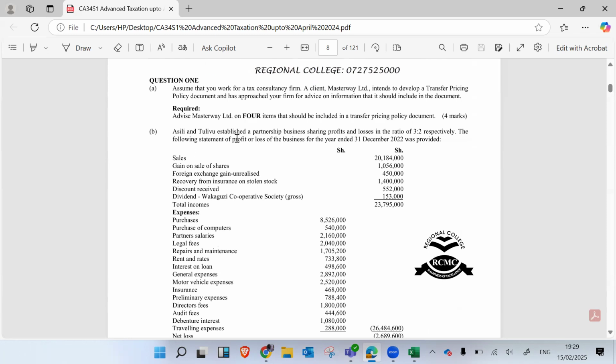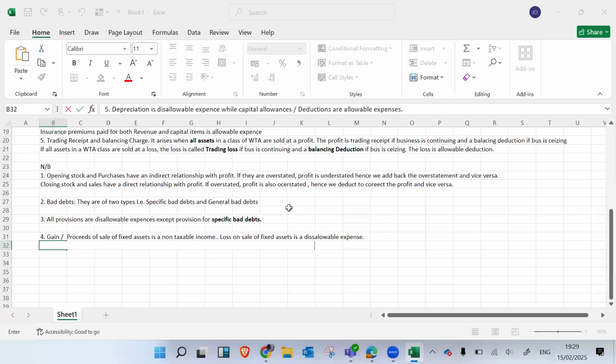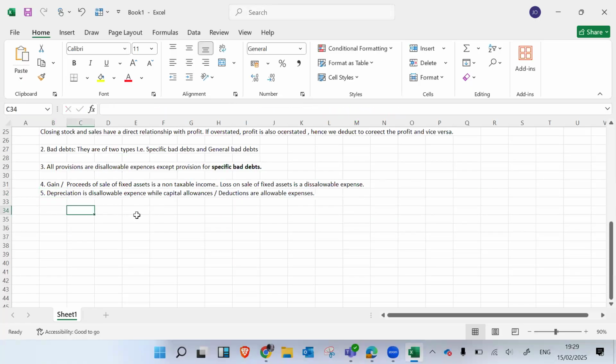Because questions on partnership are very notorious, we write something small that is unique on the partnership, like a small subtopic: taxation of a partnership business.